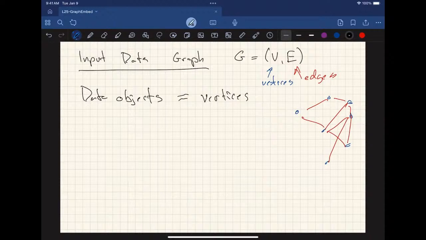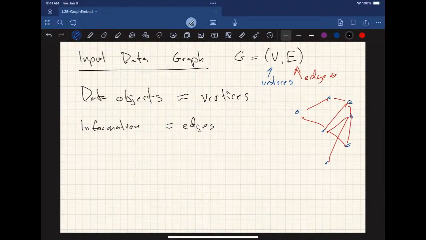Think of these as accounts on social media, people and their connections to friends in a friends group, or pages on the internet. Some of the examples we talked about. But the information in the graph is usually the edges.